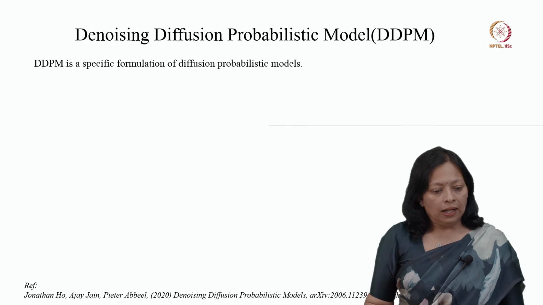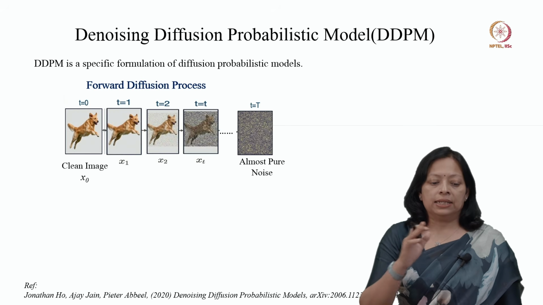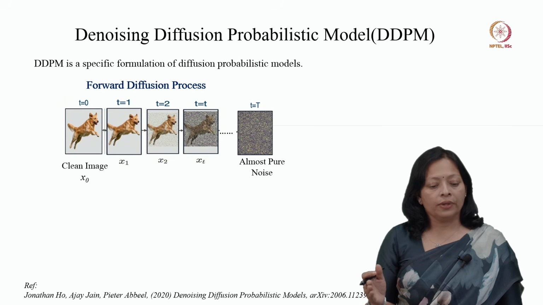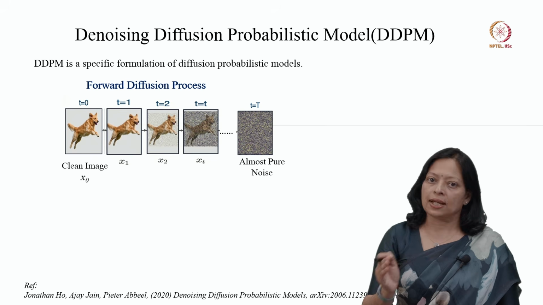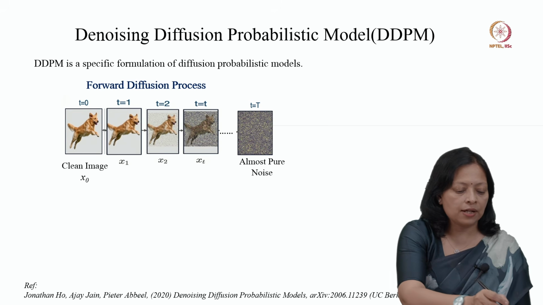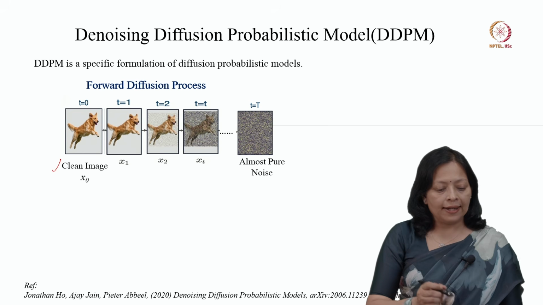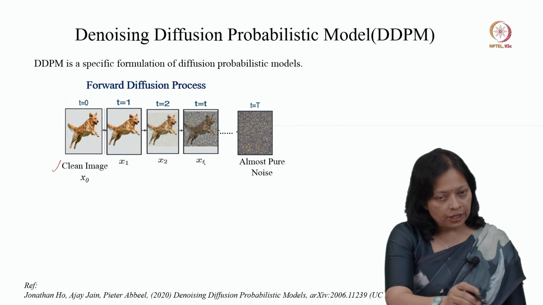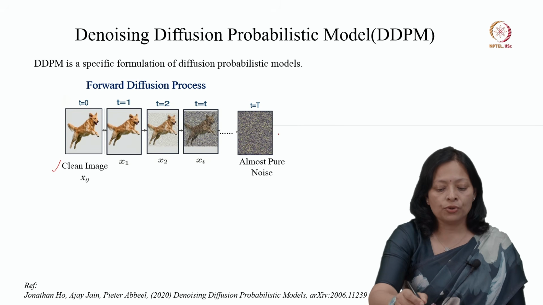Okay. So, we all know that in any diffusion probabilistic model we have the forward diffusion process and the reverse diffusion process. In the forward diffusion process we start from a clean image and then we keep on adding noise subsequently for a number of steps till we get almost pure noise.